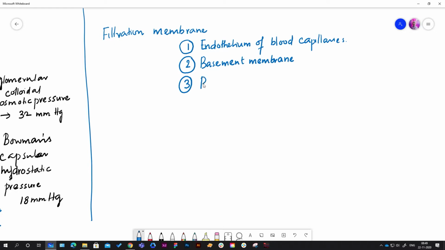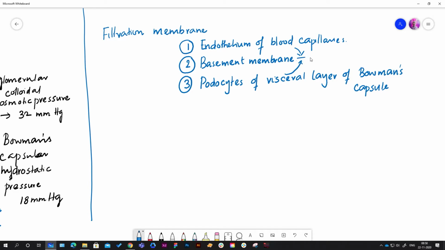The third one is the podocytes of the visceral layer of Bowman's capsule. Now the basement membrane is formed by a part which comes from the endothelium and a part which comes from the podocyte.